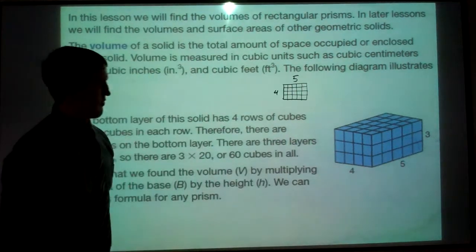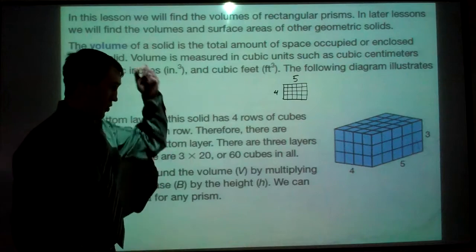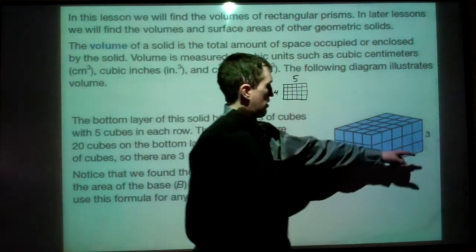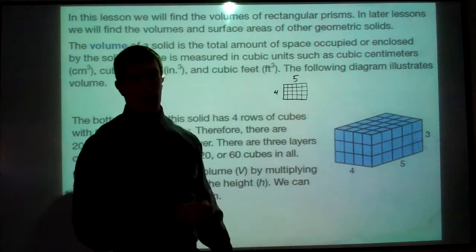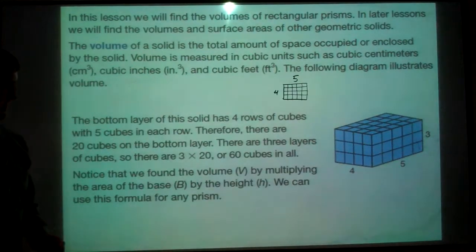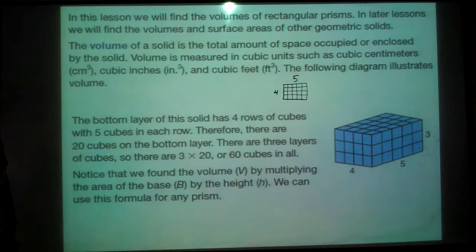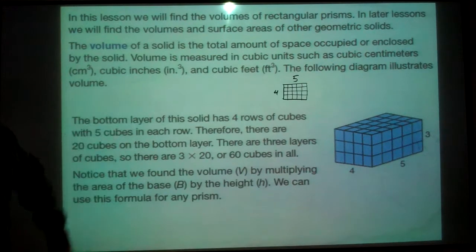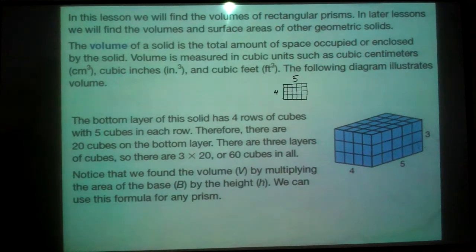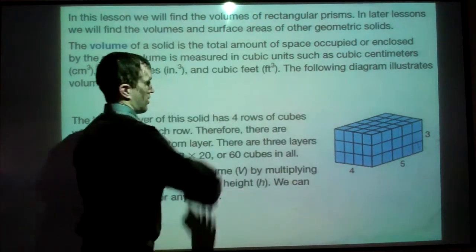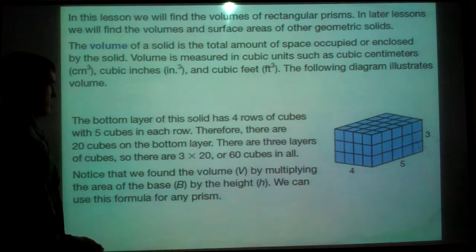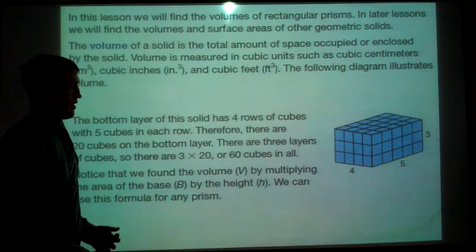So to find the area of that, that's 5 times 4, which is 20. But then we have 3 stacks of these. So we multiply it by 3, and we see we get 60 cubes in all. Okay? So 3 of those basically, and that's how we find volume, because it's about the amount of space a solid takes up. So let's look at the difference here.